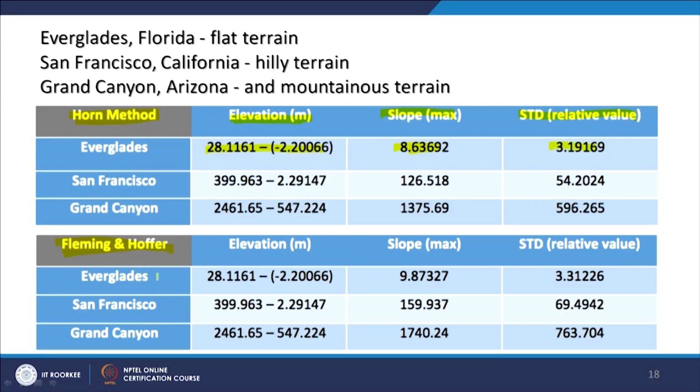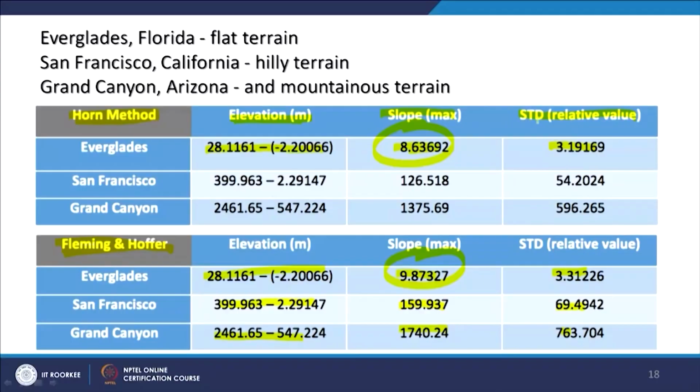Similarly, for the different regions the values are varying, slope will vary, and the standard deviations are varying. Now, if we compare this slope maximum with this slope maximum, obviously, as I also discussed in the previous lecture, the results are going to be a little different. Similarly, the relative value here is also having a little different variation.